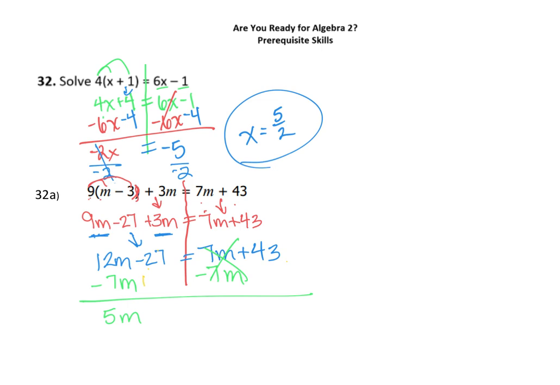So we're going to move this negative 27 by adding it to the opposite side. And 27 and 43 make 70. Okay, now I have 5m equals 70, and almost always we finish by dividing. So 70 divided by 5 is 14. So m is equal to 14.